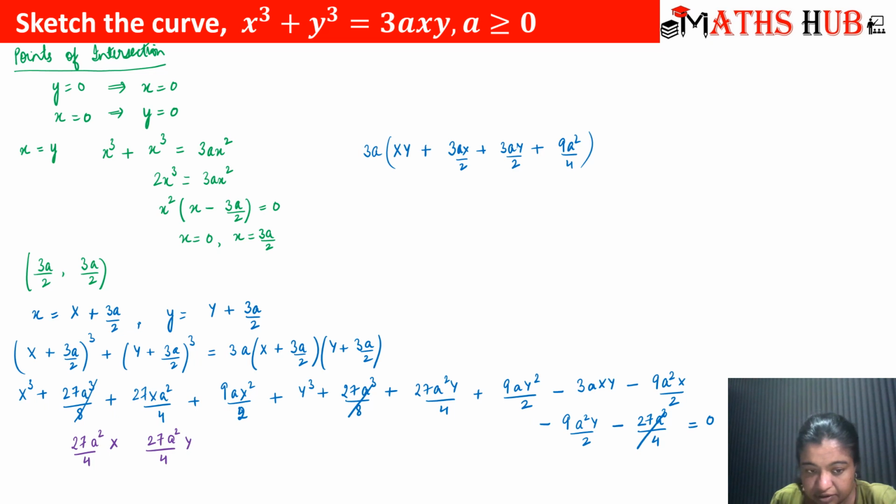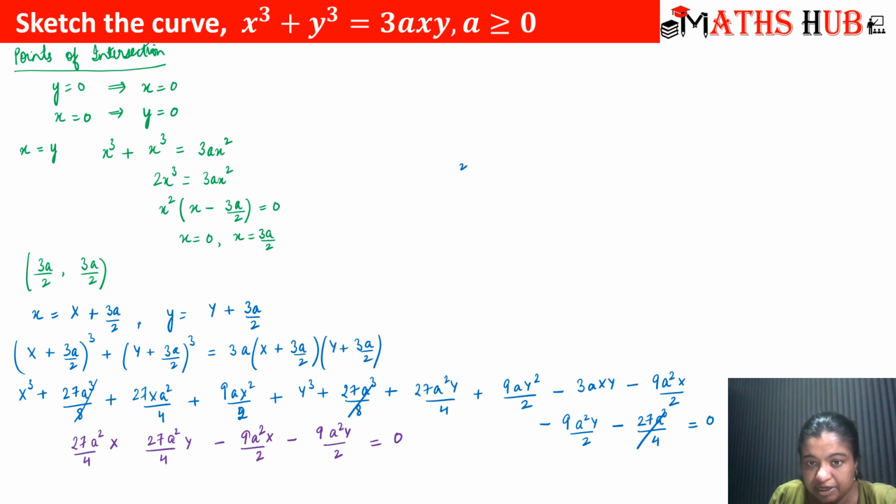Then we have minus 9a square x by 2 minus 9a square y by 2 is equal to 0, right? So let us solve this. We will get 27 by 4 minus 9 by 2. So 4 is the LCM. 27, this is 18. So we will get 9 by 4, right?